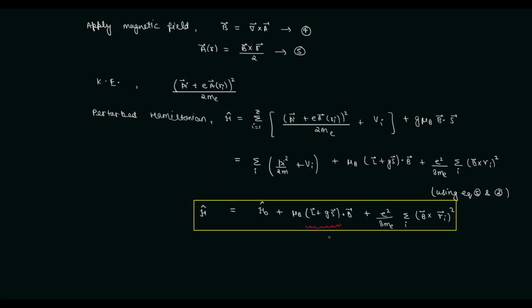The second term represents the effect of the atom's own magnetic moment and is known as the paramagnetic term, while this third term is due to the diamagnetic moments. We will discuss these contributions in greater detail in upcoming videos.